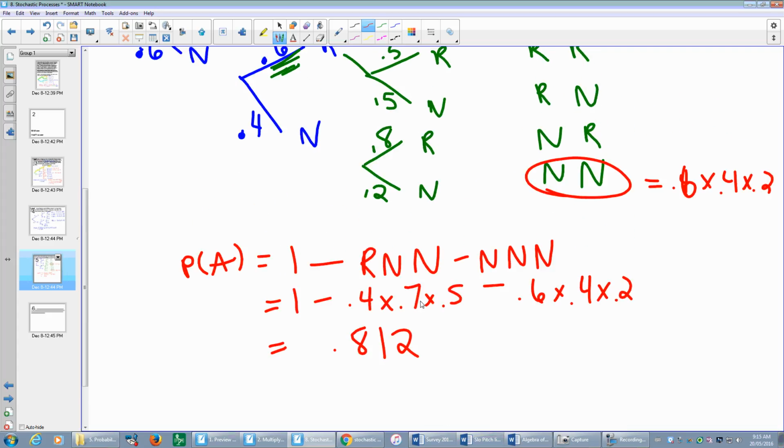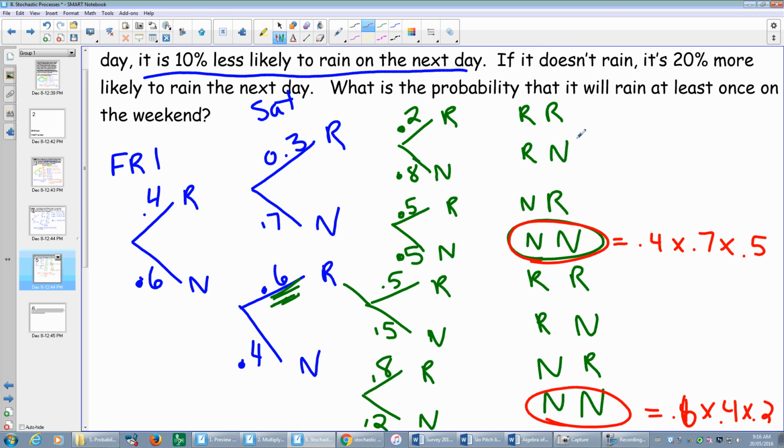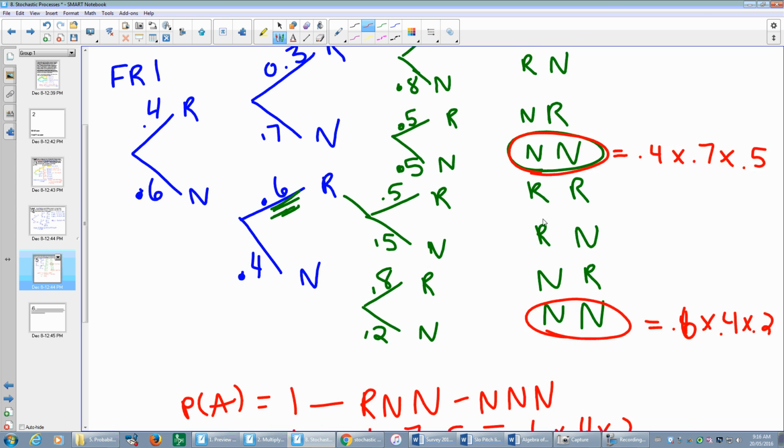So the probability that it will rain at least once is 81.2%. Okay, any questions with that one? If you figured out all of the other cases that I didn't circle and added them all up, you will also get 0.812.